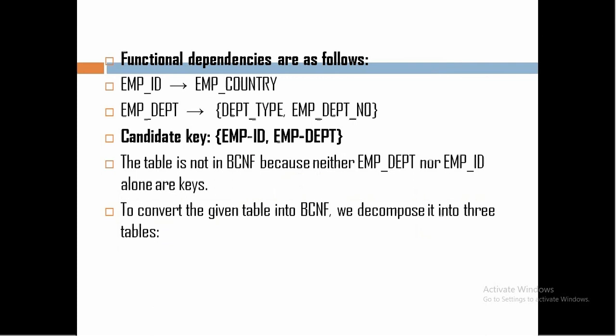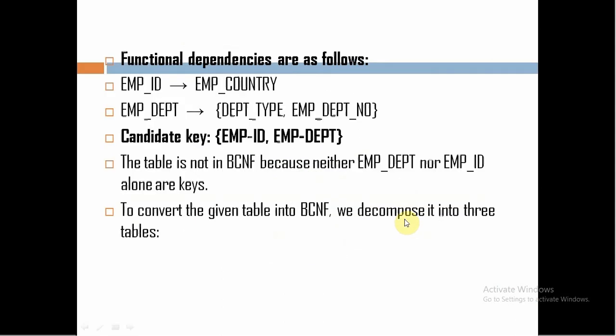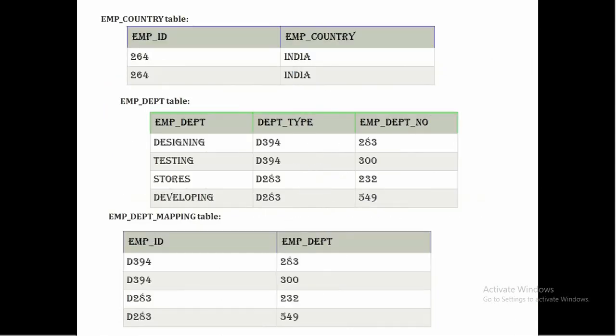To convert the given table into BCNF, we decompose it into 3 tables. Here, employee ID can have several employee departments. So, employee ID does not determine employee department and department number. The combination of employee ID and department determines department number. So we can decompose this table into 3 tables.